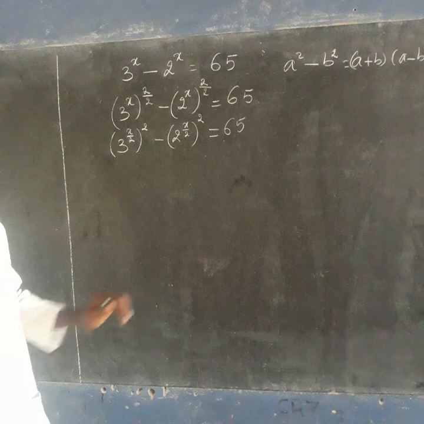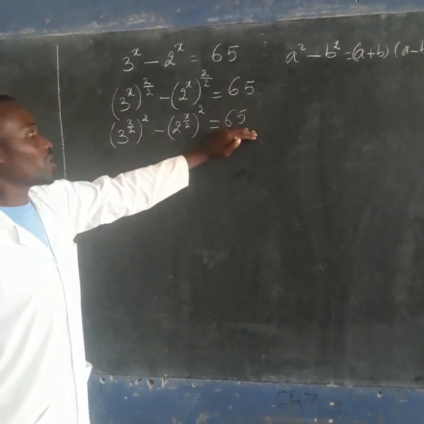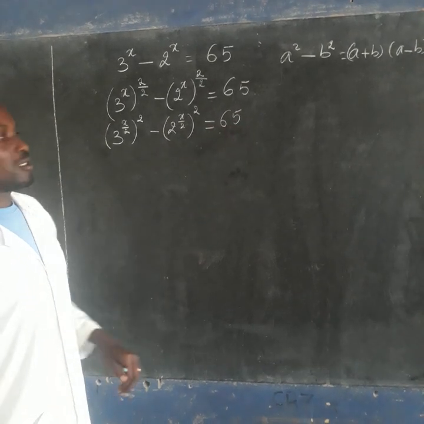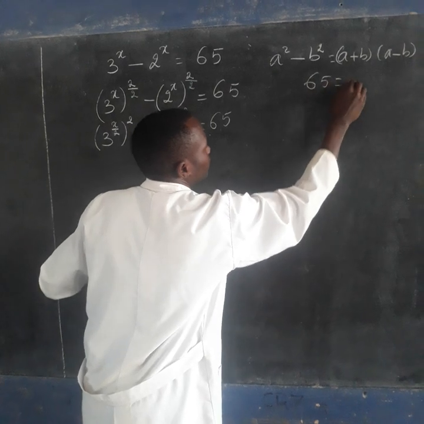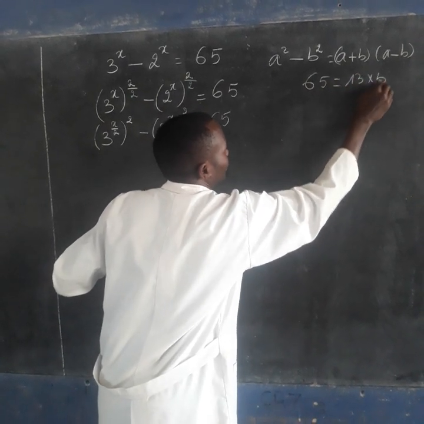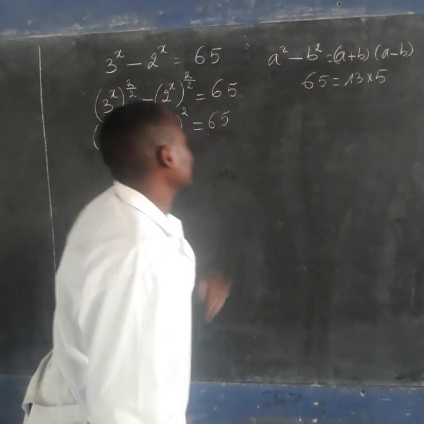Make sure that this 65 is written as a product of its prime factors, so 65 will be equal to 13 times 5.